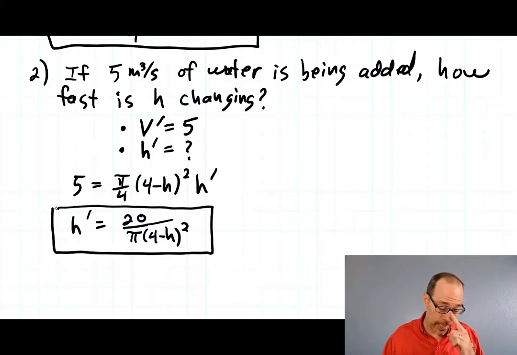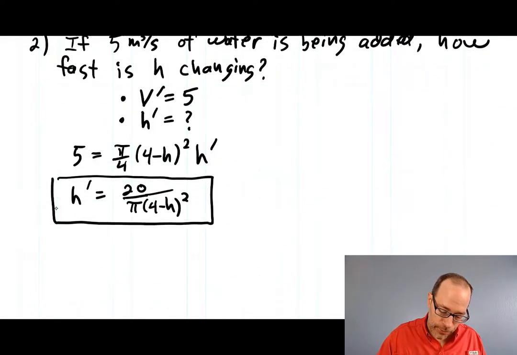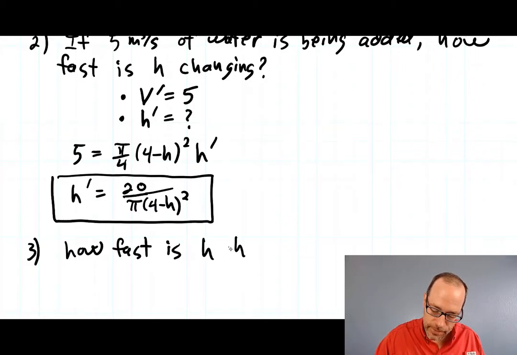Notice it depends on what H is, because as with the cylindrical cone, as the water level rises, there's less volume and H will be changing more rapidly. So that relates to the third part of how they could ask this. How fast is H changing when H is 1?